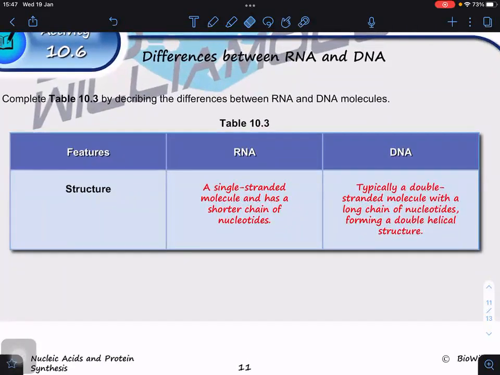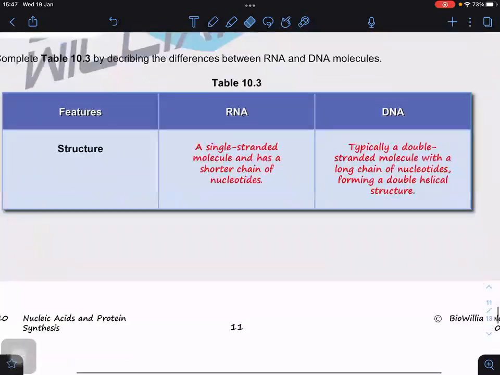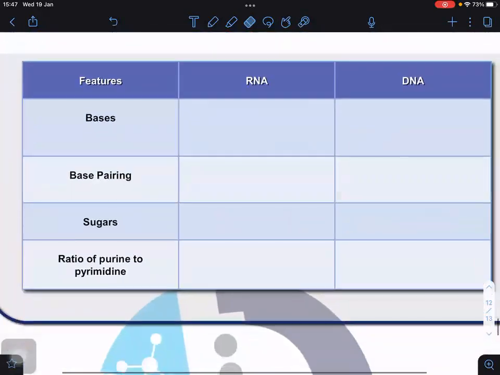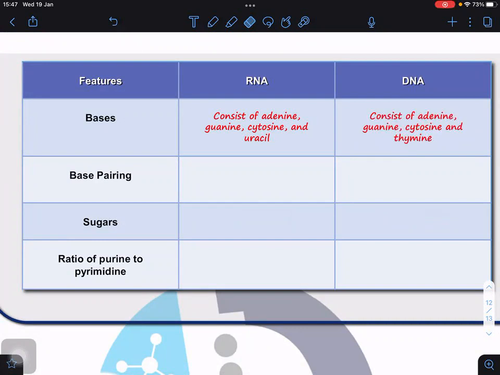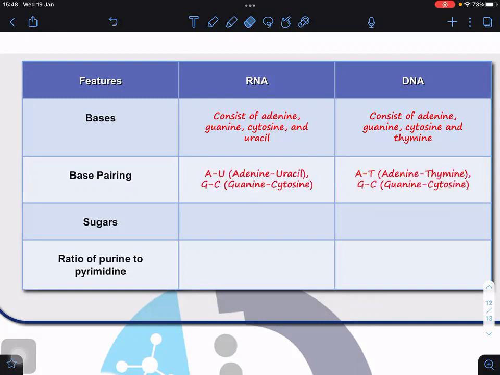Now, next. How about bases? What are the bases involved here? RNA has adenine, guanine, cytosine, and uracil. But DNA consists only of adenine, guanine, cytosine, and thymine, no uracil. In terms of base pairing, both of them have base pairing.